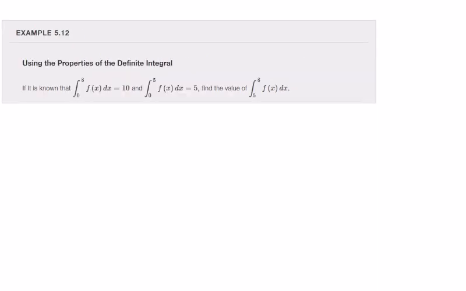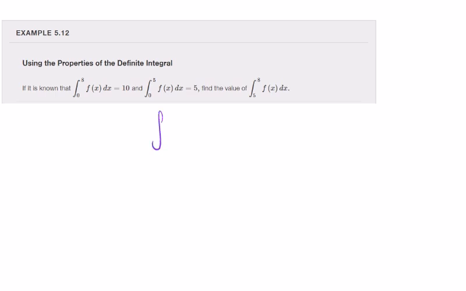All right, in this one, we know that from 0 to 8, the integral of f of x is 10. We know from 0 to 5 it's 5, and we want to find the value from 5 to 8, I should say, of f of x, right? And so we know that this is true.